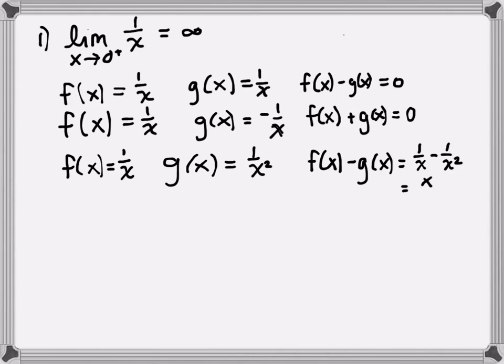That gives me x minus 1 over x squared. But this still has an infinite limit because the factor in the denominator is still there, right? I'd still have an asymptote at x equals 0. So this one's limit would actually still be infinity.